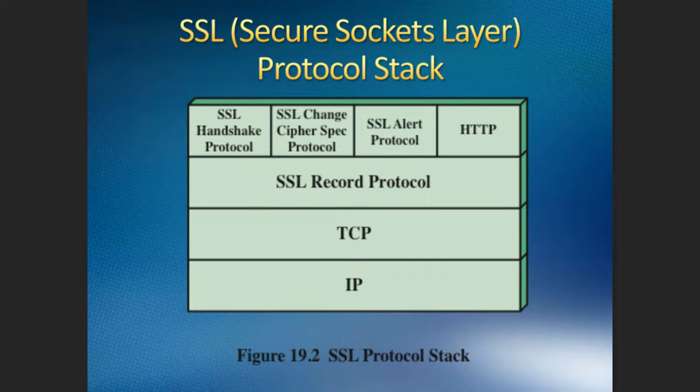Now we are adding some layers for security. So this is a model for security. Understood? SSL is part of the Secure Socket Layer for your IPsec and VPN to work. And then you have on top of it HTTP, SSL handshake protocol, and so on.